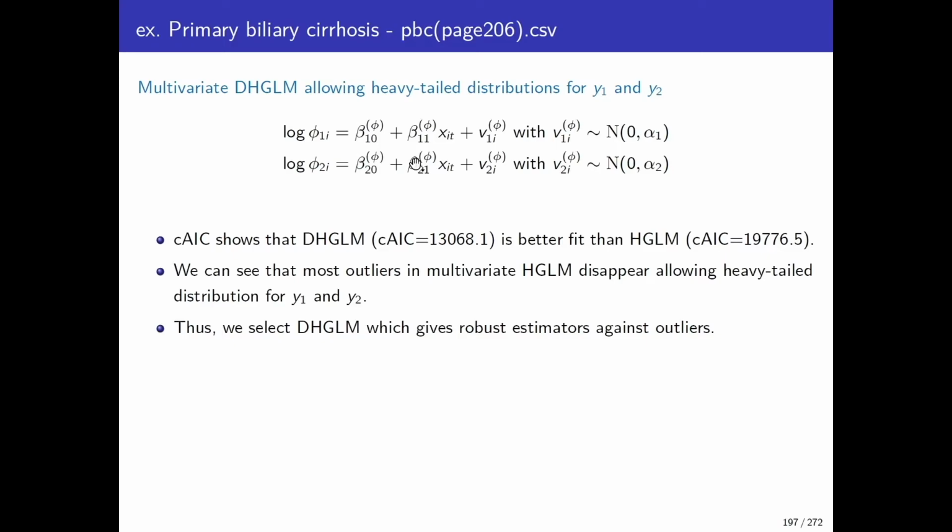We have log C1i and log C2i. The CIC shows the DHGLM is a better fit than the HGLM. We can see that many outliers in the multivariate HGLM disappear, allowing a heavy-tailed distribution for Y1 and Y2 respectively. Thus, we select the DHGLM, which gives robust estimators against outliers.